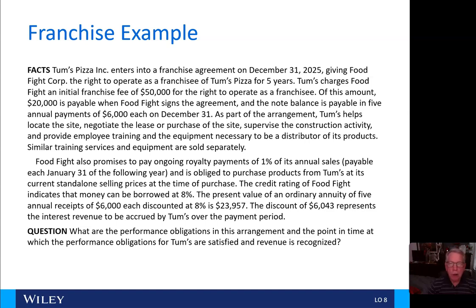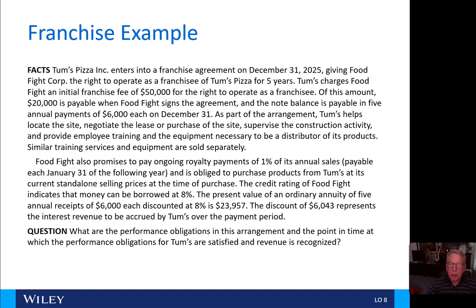Tums charges Food Fight an additional franchise fee of $50,000 for the right to operate as a franchisee. Of that amount, $20,000 is payable when Food Fight signs the agreement, and a note balance is payable in 5 annual installments of $6,000 each on December 31st.